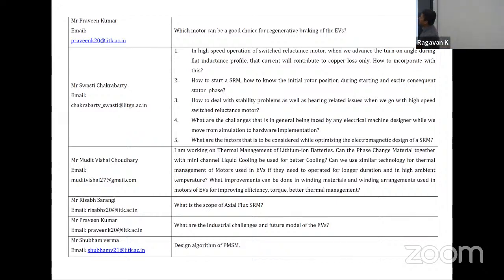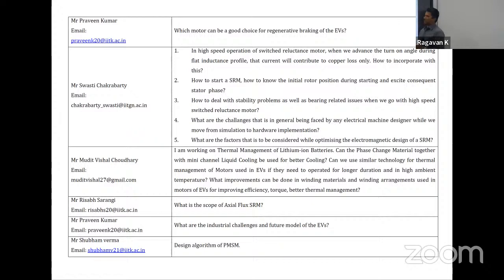So Swasti's question is, in high-speed operation of switched reluctance motors, when we advance the turn-on angle during the flat inductance profile, that current will contribute to copper loss only. I guess you're asking how to handle that.